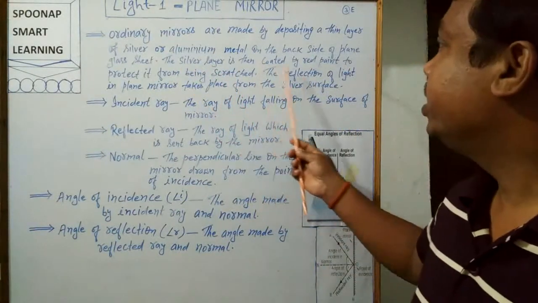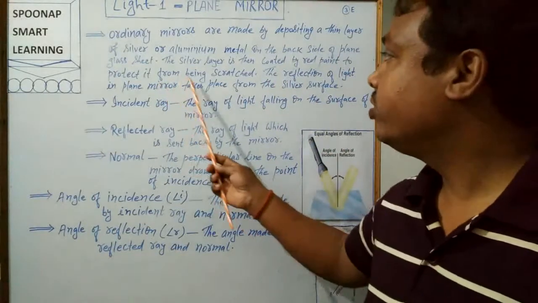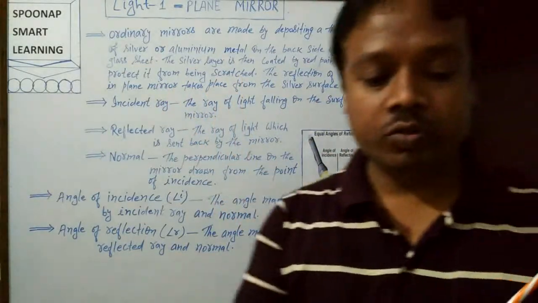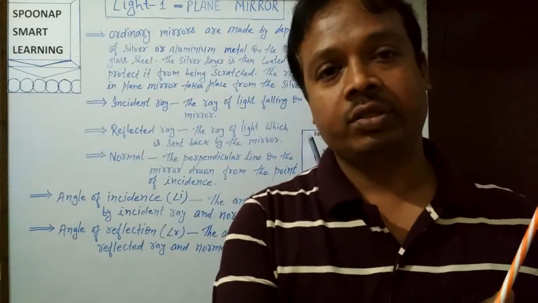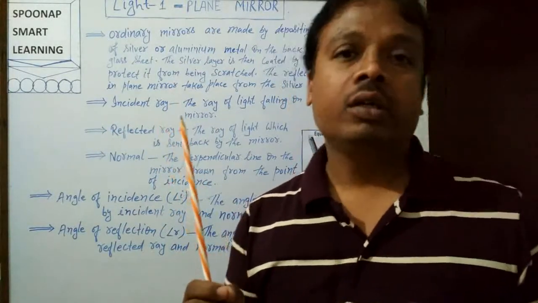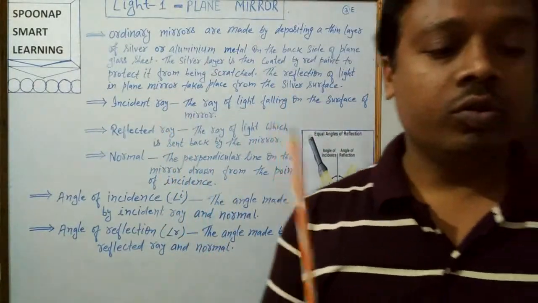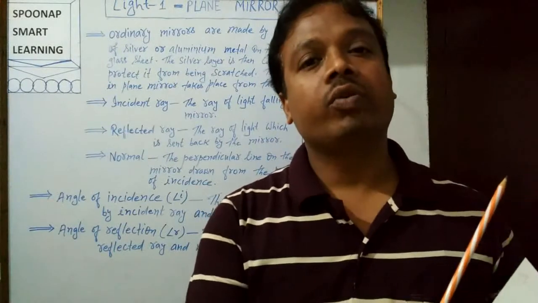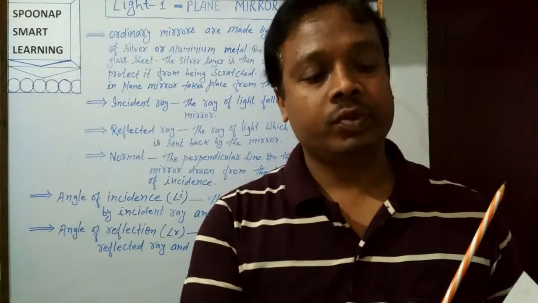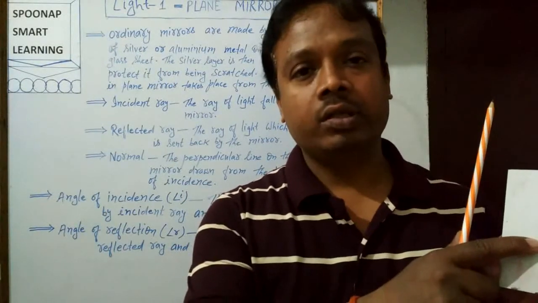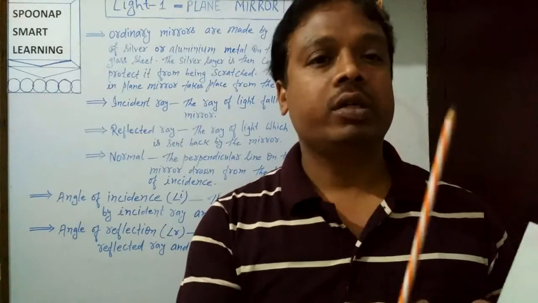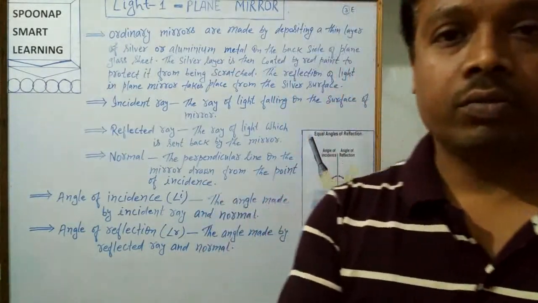The silver layer is then coated with red paint to protect it from being scratched. Because it is a very thin layer of coating, another layer of coating is applied. You can see here, this is white and you can see even red in color.